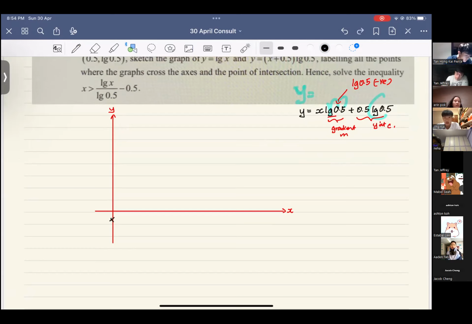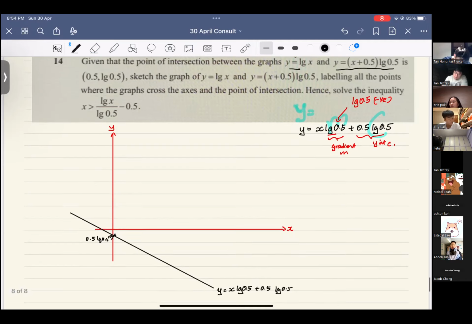This is 0.5 log 0.5, and this is the line y equals x log 0.5 plus 0.5 log 0.5. So I've drawn the first graph.